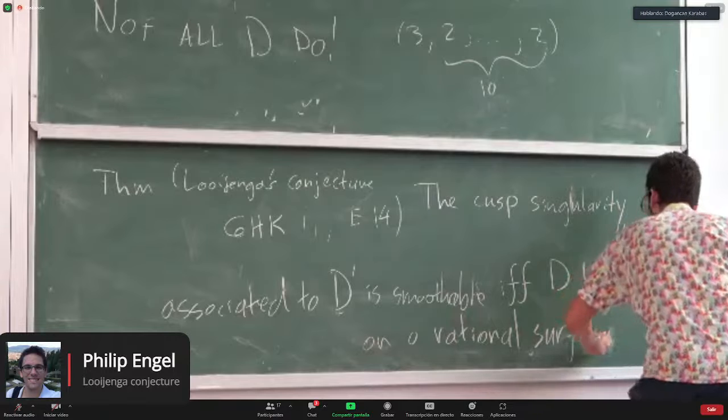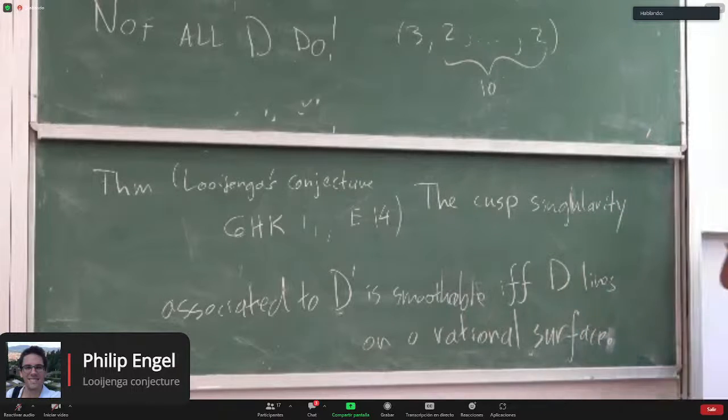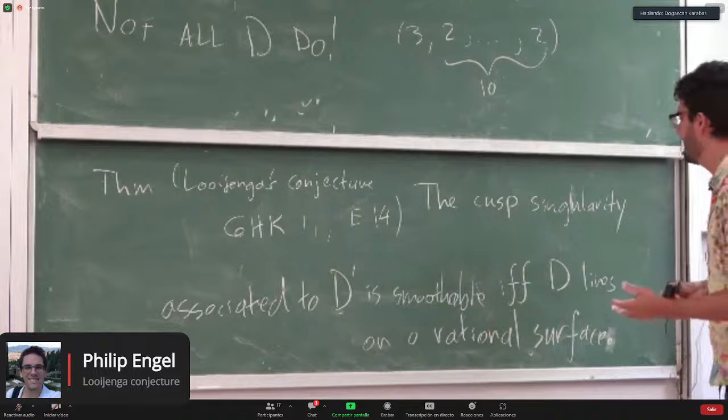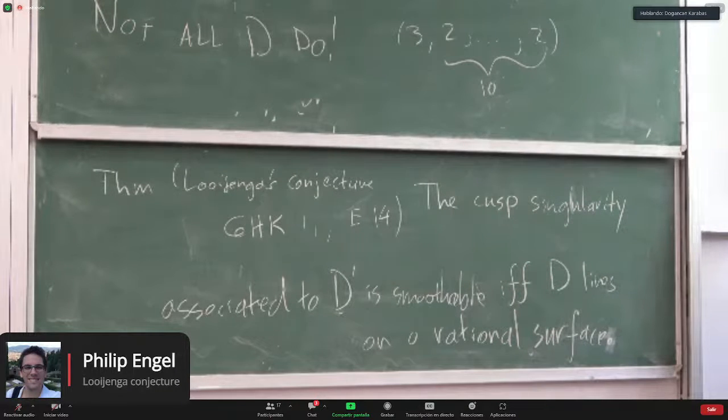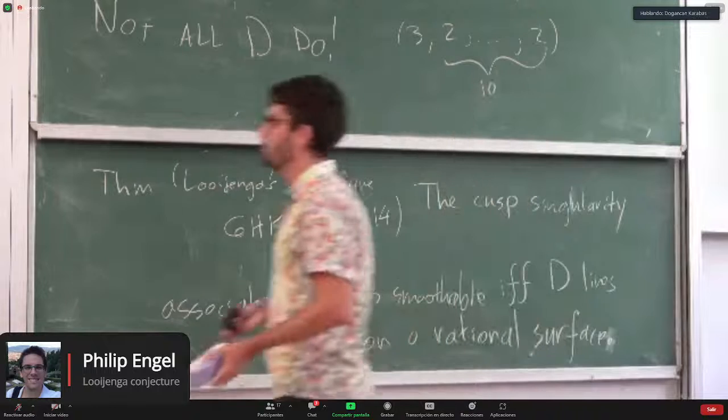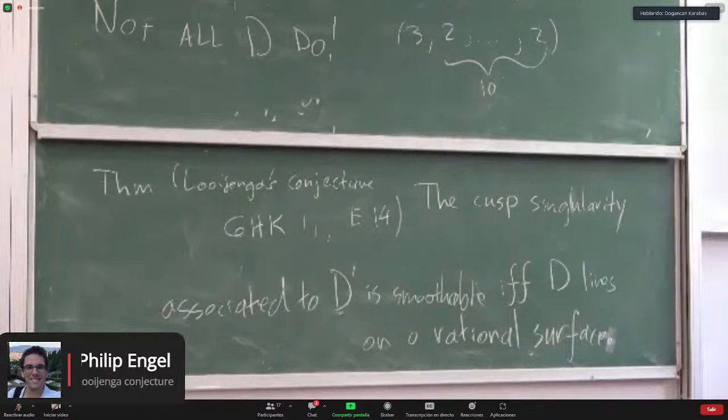Okay, so this gives us a criterion for the smoothability of a cusp singularity in terms of this dual cycle. And since I do have 5 extra minutes, maybe I'll just talk about how one might go about proving this.